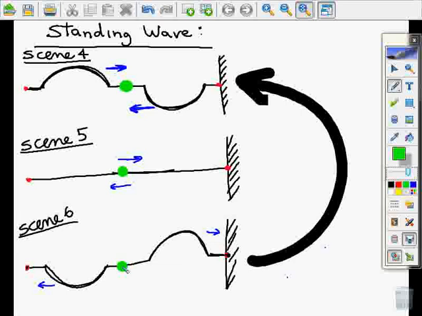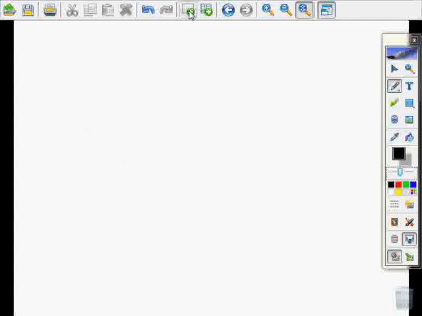No. So the string there in the middle no longer appears to be moving up and down. And even though there's these two waves traveling through each other, the end result is this. It ends up looking like this. You see this one moment of time.